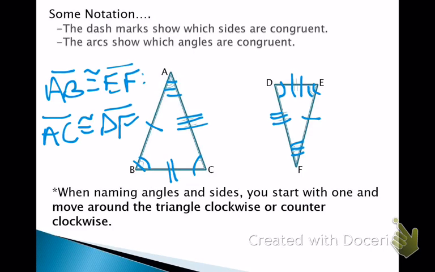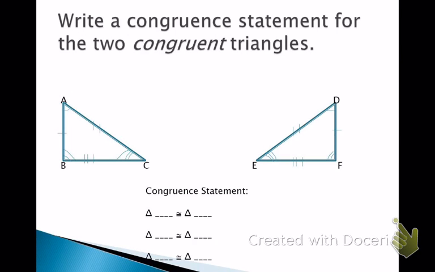And we can go all the way around. Same thing with angles. We know that angle A is congruent to angle F. And so on and so forth, down our angles. Now, when you're naming triangles, we need to be careful on how we name triangles, and we'll talk about that in the next slide.